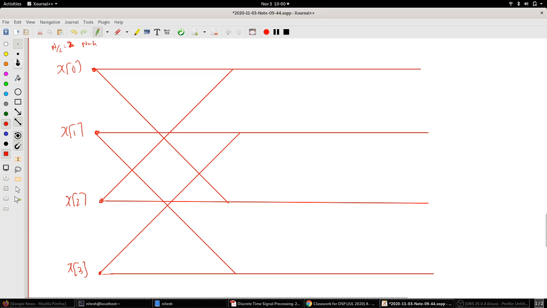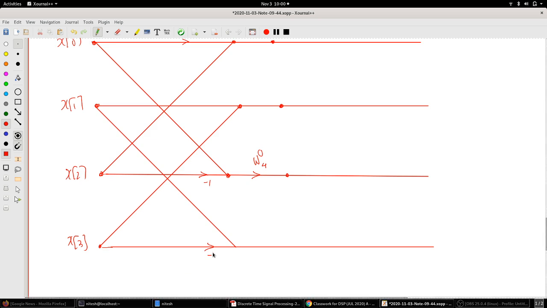So now I know that, x of 0 plus x of 2 into 1 comes here, this plus this comes here, this minus this, x of 0 minus x of 2 into W0 of 4 gives me this guy, x of 1 minus x of 3 gives me this guy into W1 of 4 gives me the h of k.